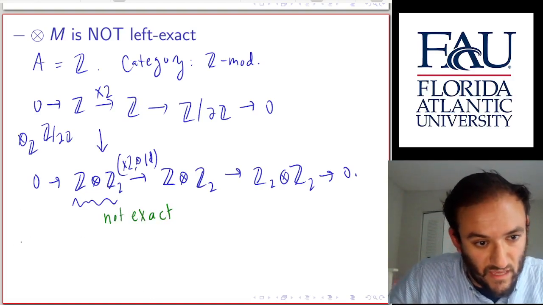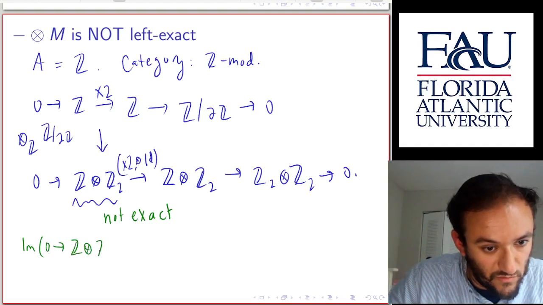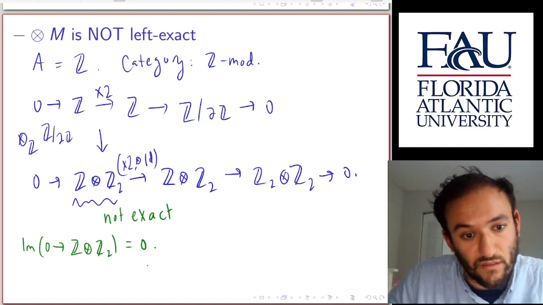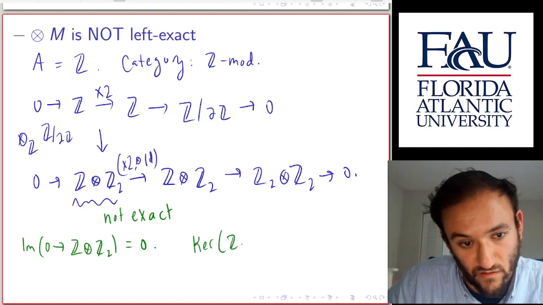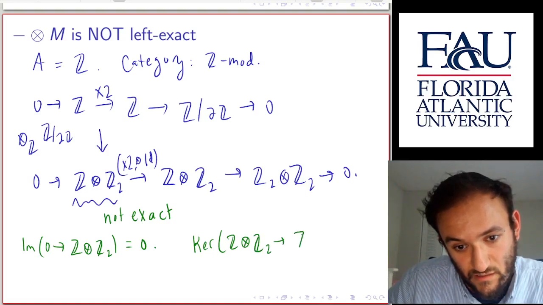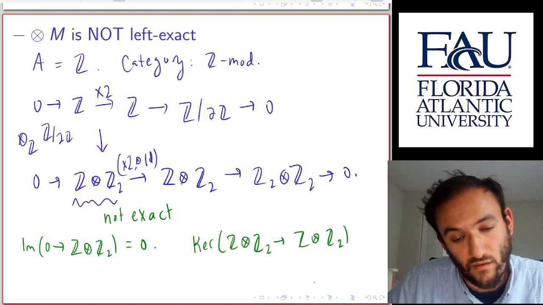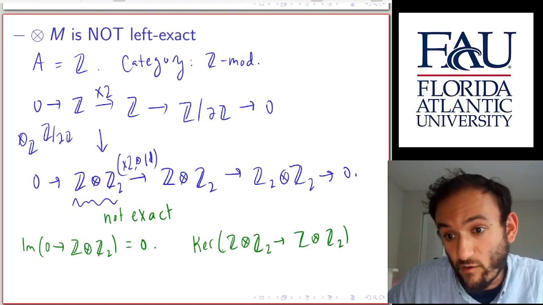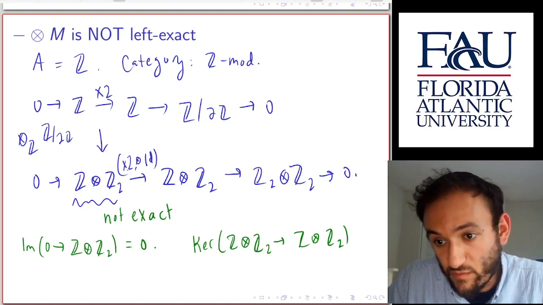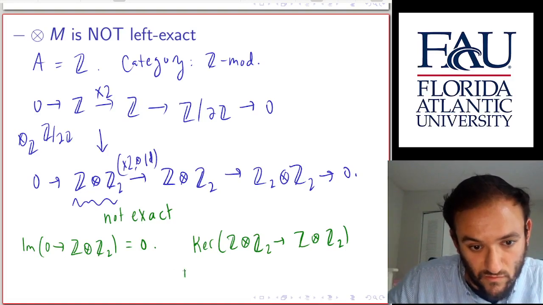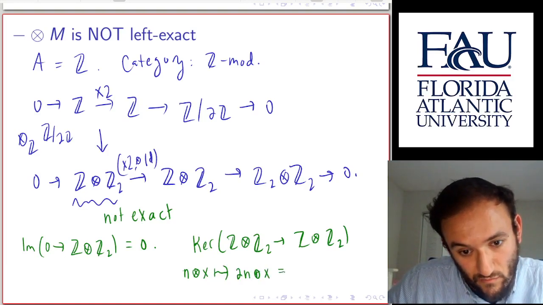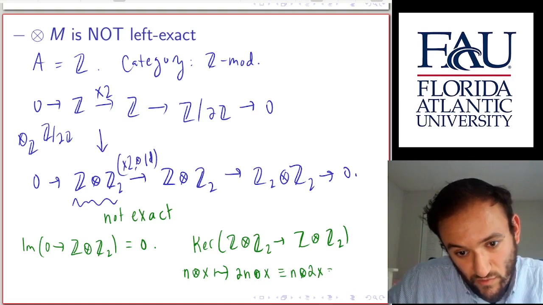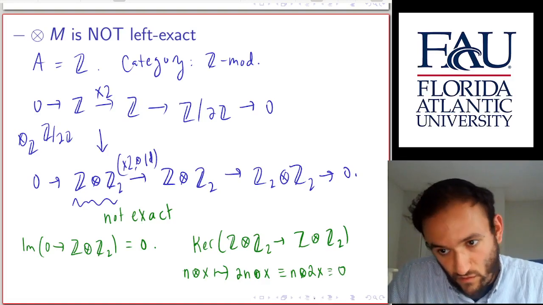because the image of that first map, 0 to Z tensor Z2, is obviously just the 0 submodule, but the kernel of the next map, Z tensor Z2 to Z tensor Z2, this is going to be the entire module, because when we do this multiplication by 2 in the first coordinate, so n tensor x mapping to 2n tensor x, well, that's equivalent to n tensor 2x, which is equivalent to 0, because 2x in Z2 is always 0.